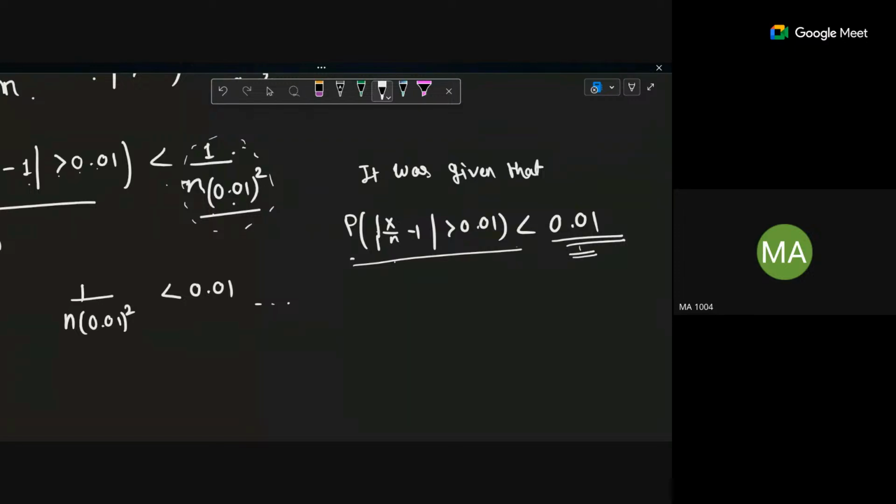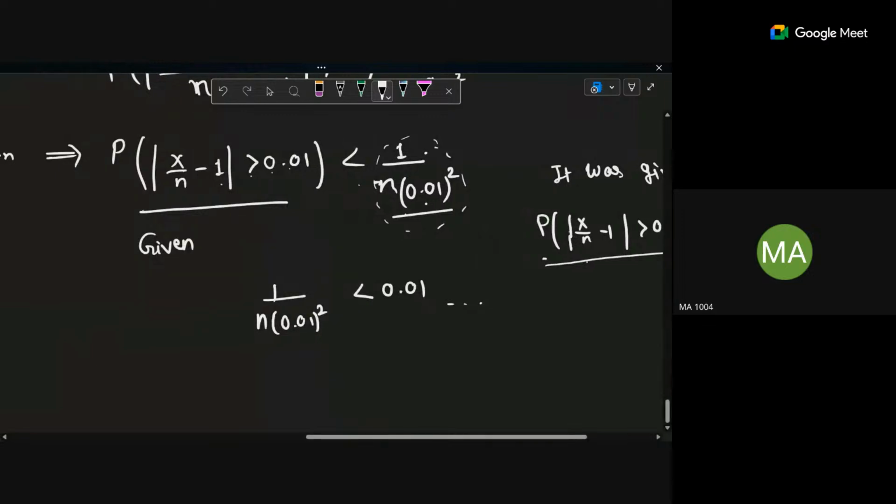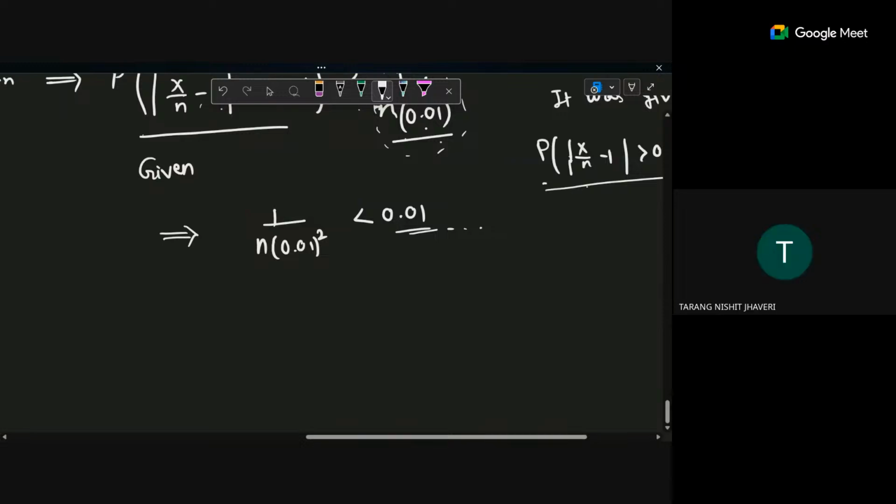But when we applied weak law of large number according to the given parameter, we came up with this inequality that this will take at max this value. So given that this value will be at max 0.01, do you agree that we can write this? Yes, ma'am.